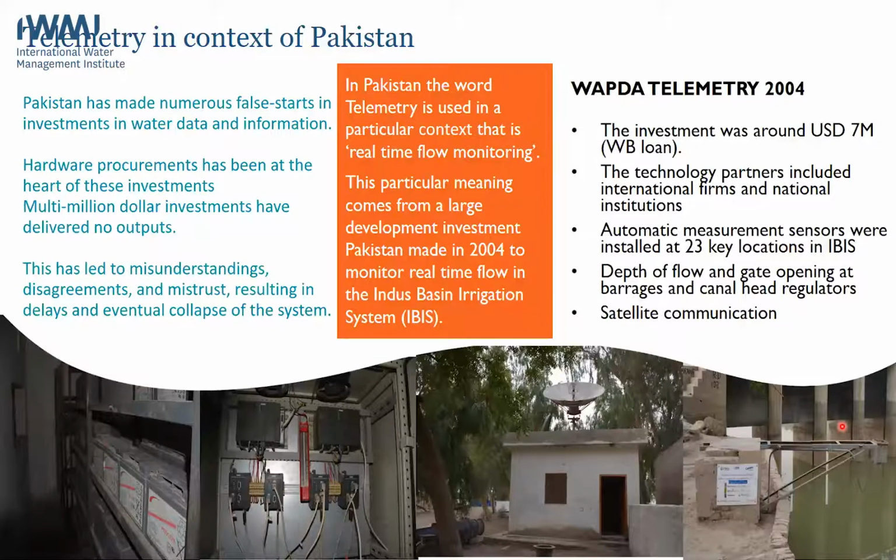And then the communication bit was a satellite. This was a very expensive way of communication at that time, but the water telemetry chose to use satellite communication technologies for communicating the data. But what happened to all these technologies, you can see on the pictures on your left, that the sensors, the data loggers, and the batteries are all piled up in the storerooms, and they're not working at the moment.